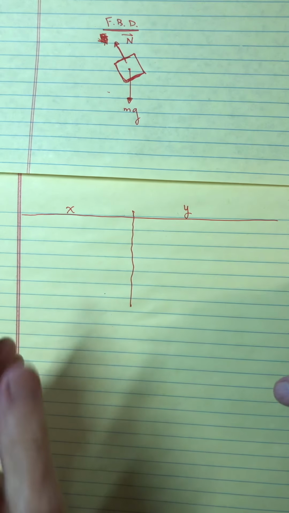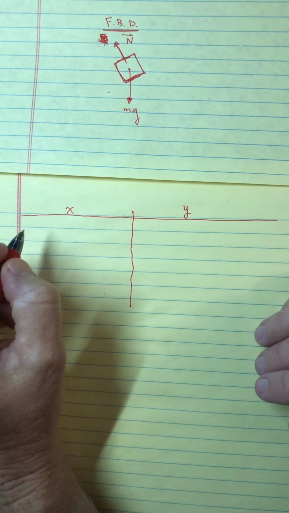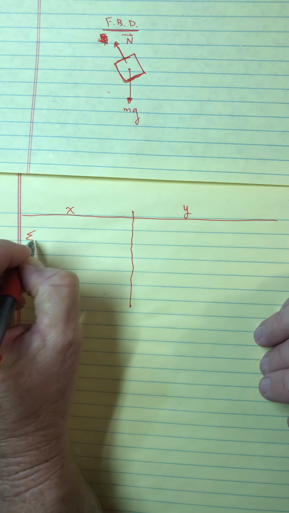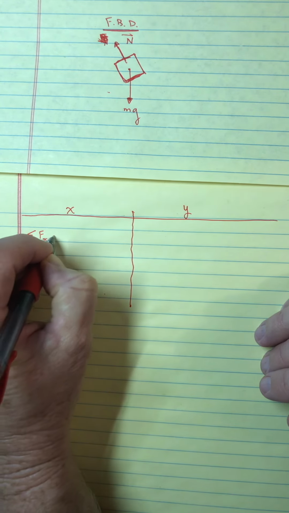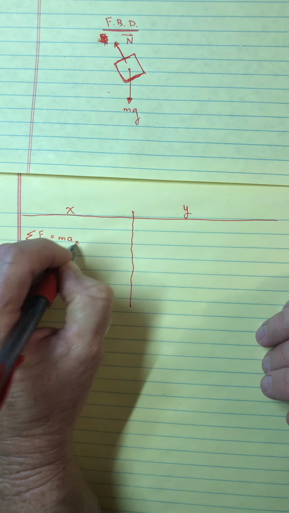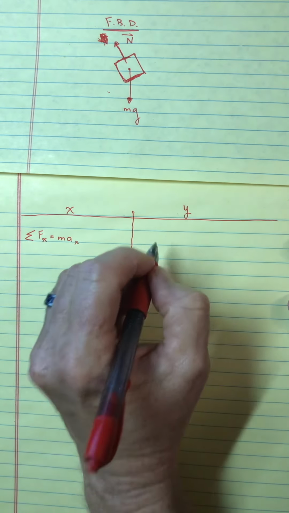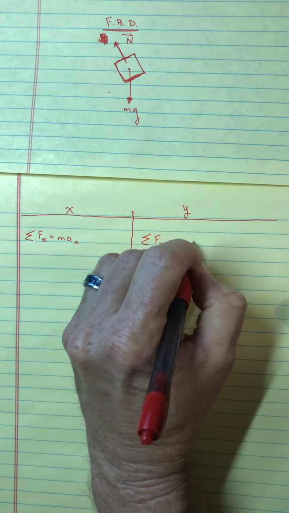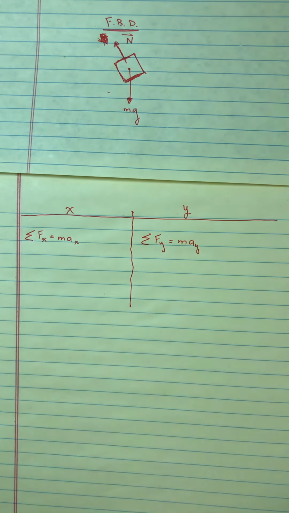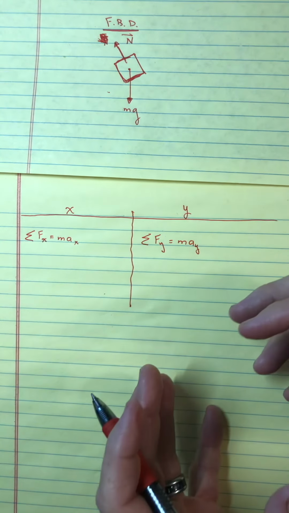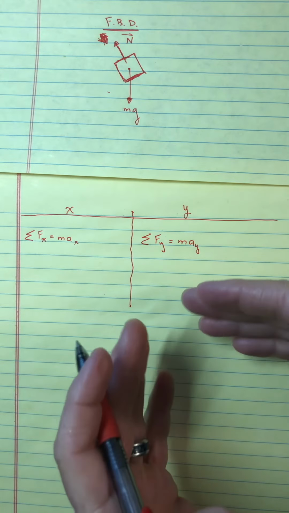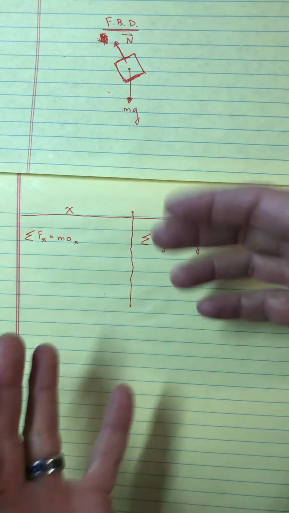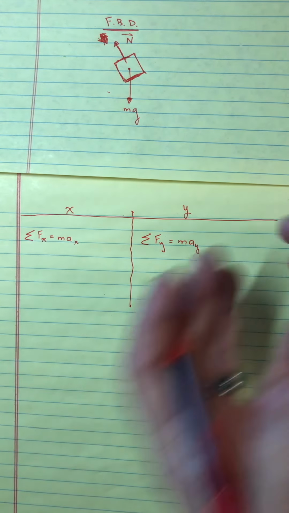What I mean here in step 3 is write out the equation. We know that the sum of all the forces in the x direction equals mass times the acceleration in the x direction. And we also know that the sum of all the forces in the y direction equals mass times acceleration in the y direction. So that is Newton's second law, applied twice, one for the x and one for the y.